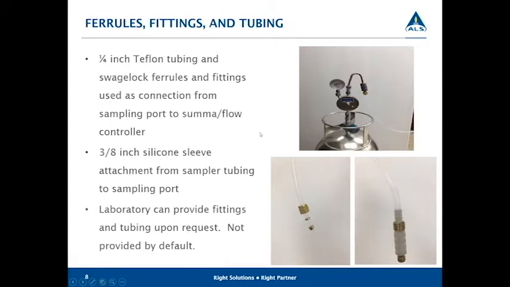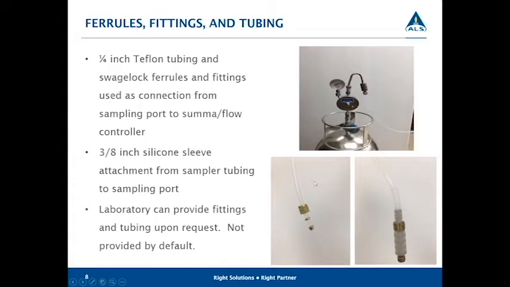Ferrules, fittings, and tubings. So a 1/4-inch Teflon tubing and Swagelok ferrules and fittings are used in connection from your sampling port to the Summa or flow controller. The lab uses a 3/8-inch silicone sleeve attachment from the sampler tubing to the sampling port.